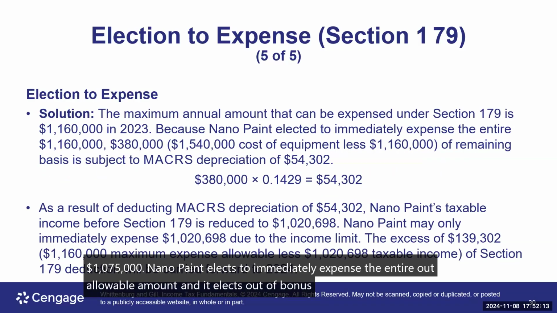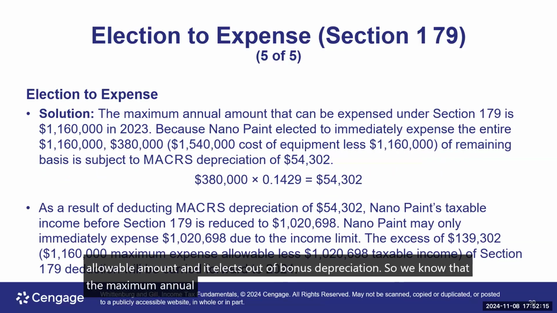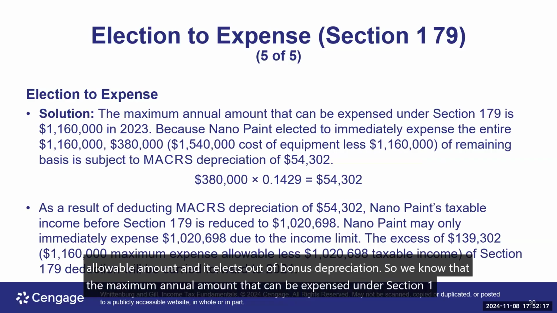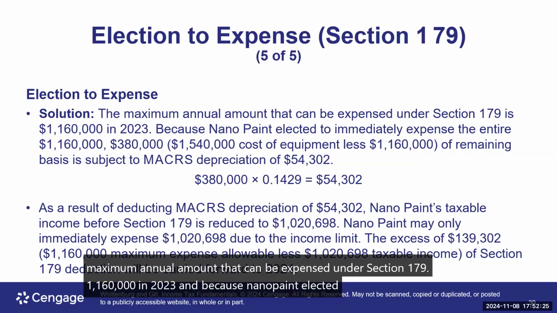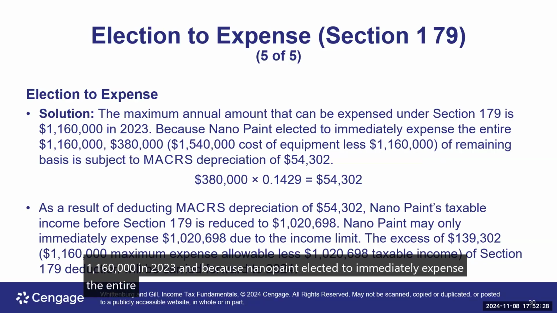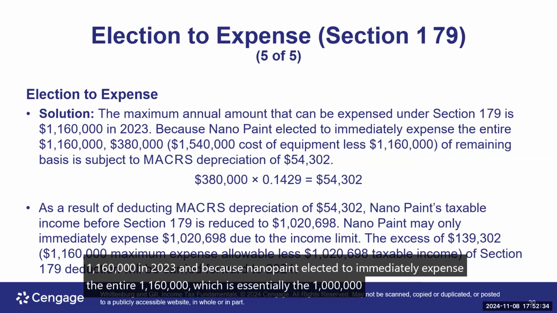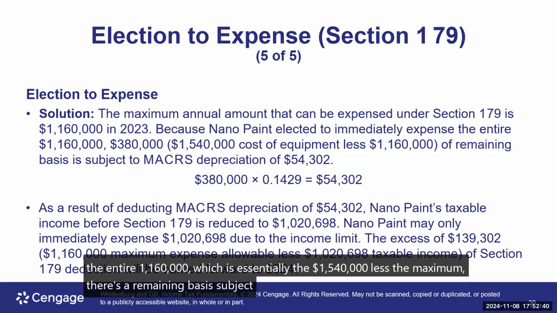So we know that the maximum annual amount that can be expensed under Section 179 is $1,160,000 in 2023. Because Nano Paint elected to immediately expense the entire $1,160,000, the remaining basis subject to MACRS is $1,540,000 less the maximum, which is $380,000.